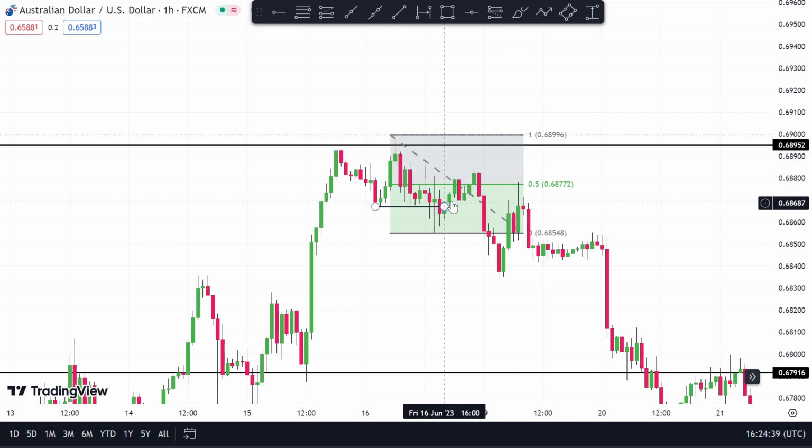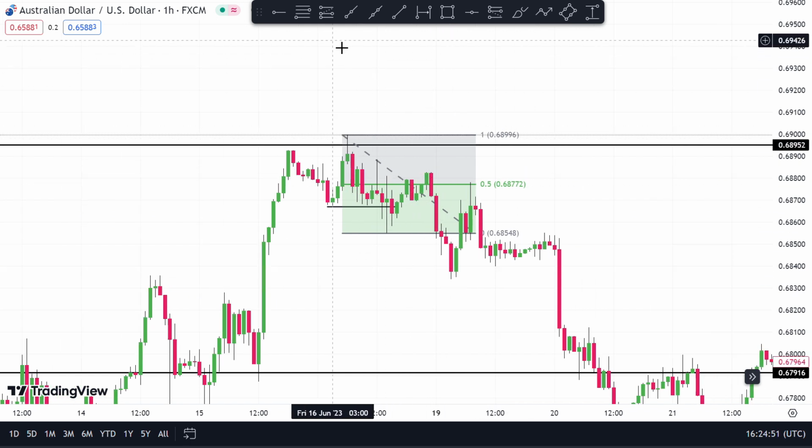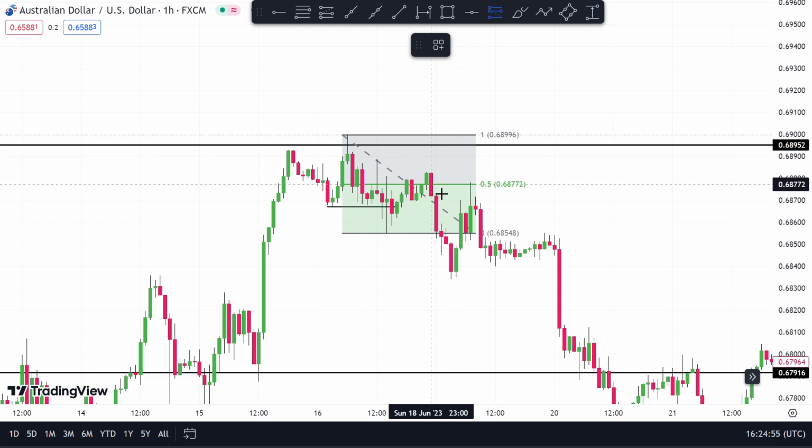So we wait patiently for price to come to our discount. As price trades to our discount, then we look for our entry at this point and look for your sell entry.